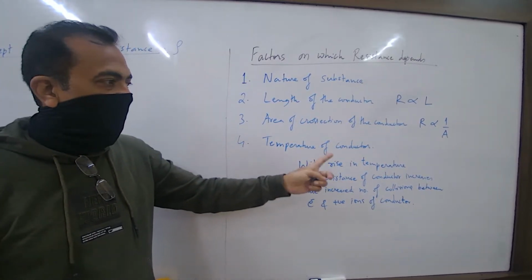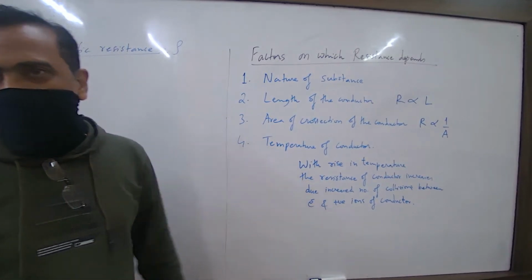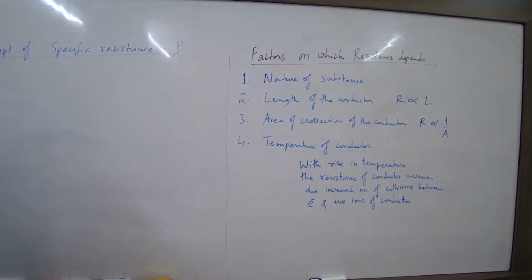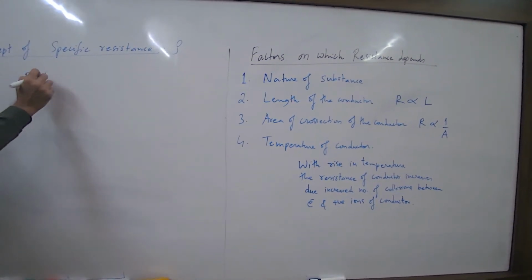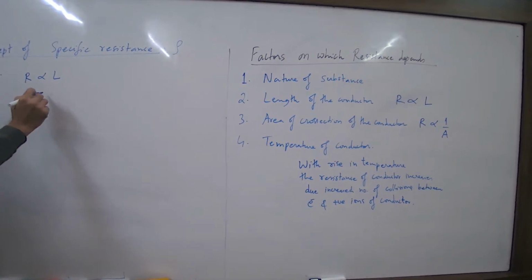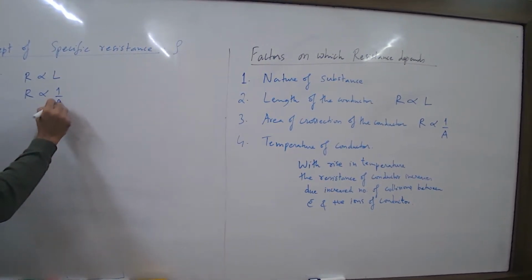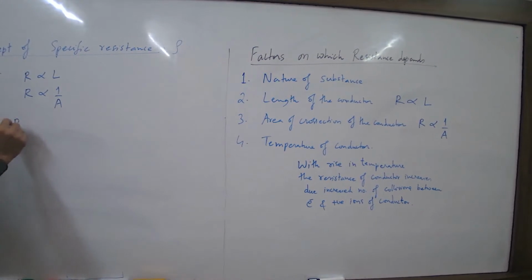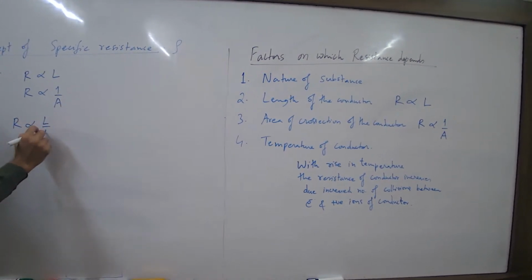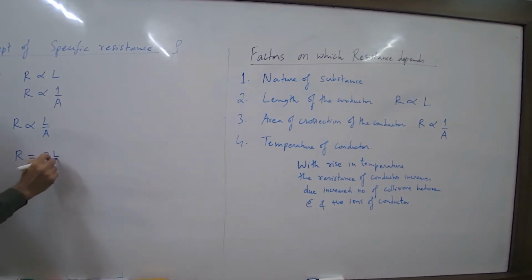If the temperature increases, resistance increases. So for Ohm's law, we are assuming that the temperature will not rise; it will remain constant. Since R is directly proportional to L and R is inversely proportional to area, when we combine it, R is directly proportional to L by A. So when we remove the proportionality, it is rho L by A.